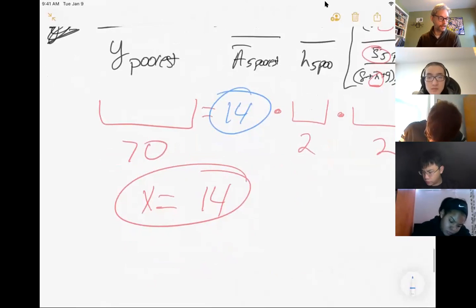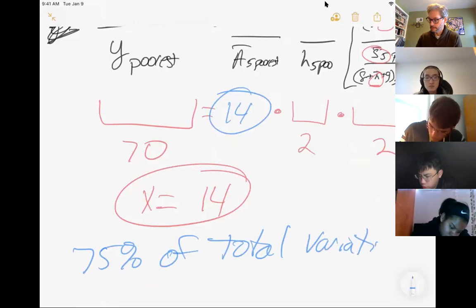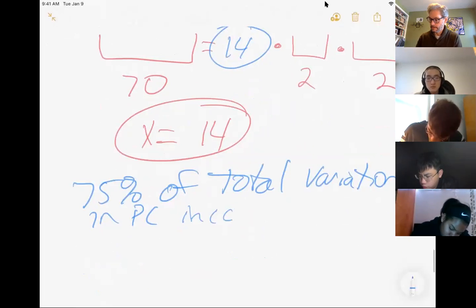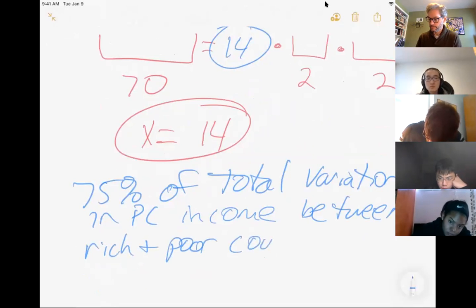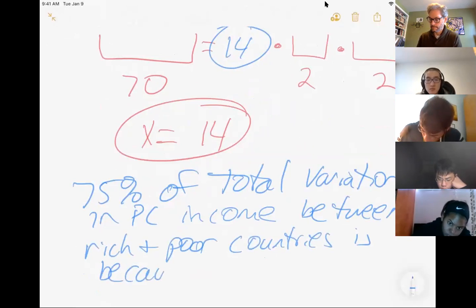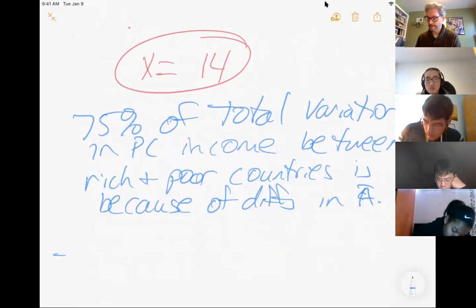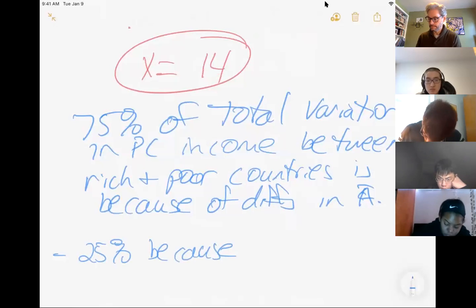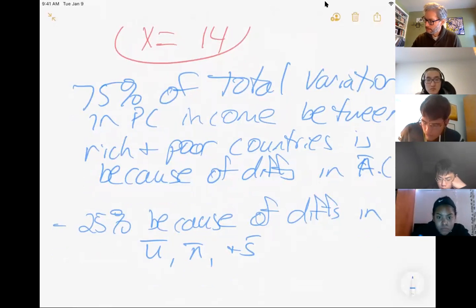The vast majority, or to put this another way, about 75% of total variation in per capita income between rich and poor countries is because of differences in A. And only 25% because of differences in H and N and S.